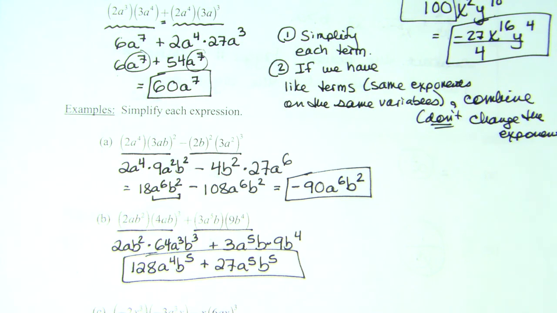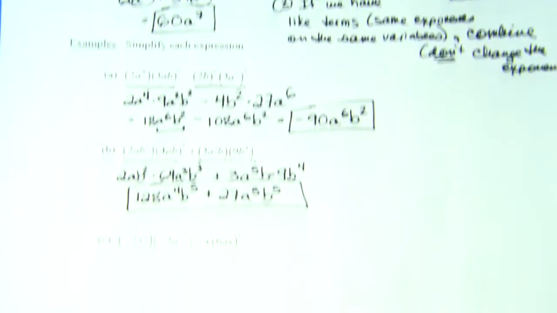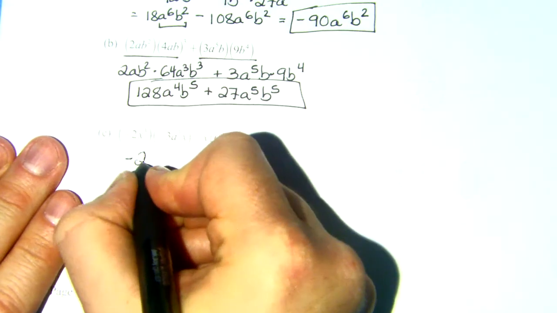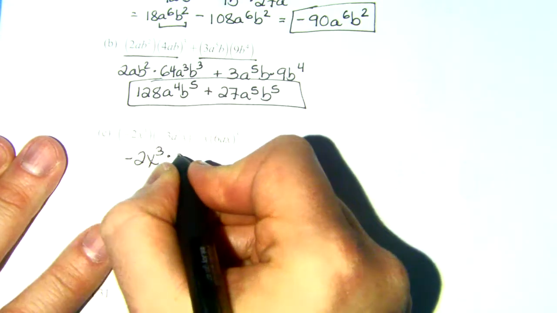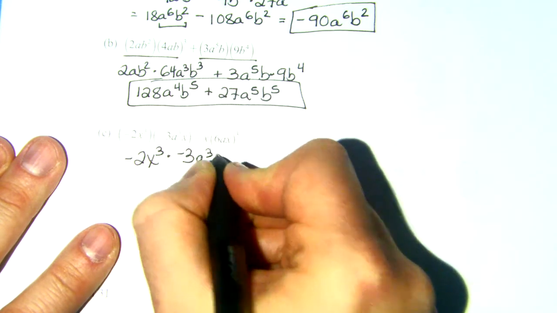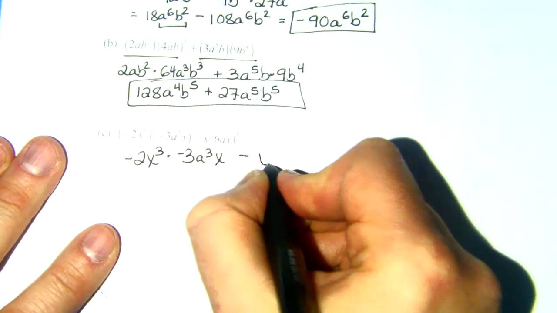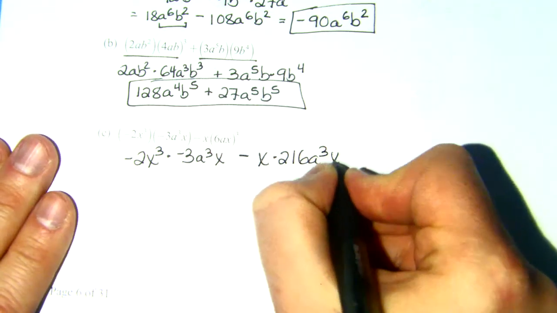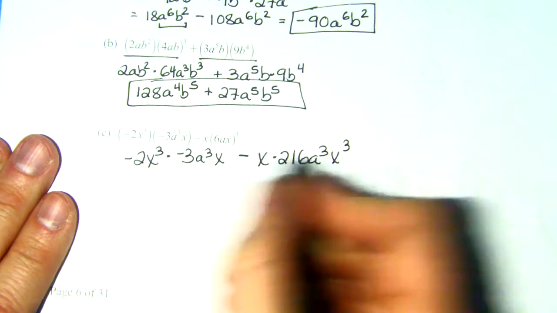See if you can do letter C on your own. I'm going to distribute the exponents to the second piece.